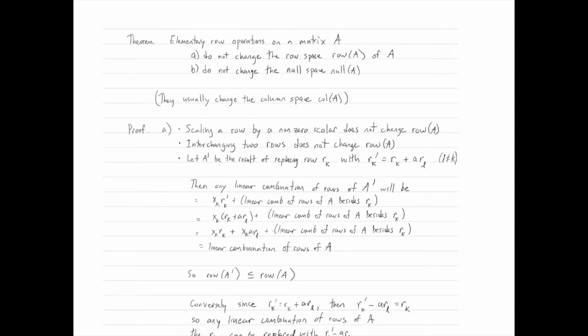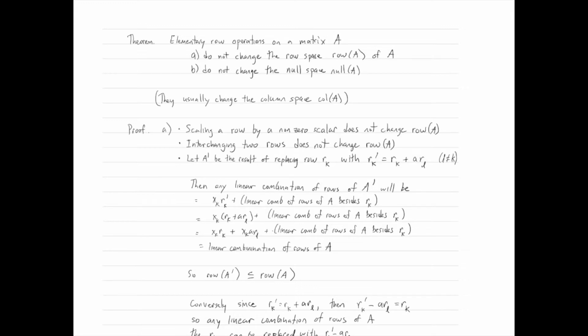What's slightly more difficult to see is the last elementary row operation, replacing a row by adding to it a multiple of another row. Suppose we do that and let A prime be the resulting matrix.